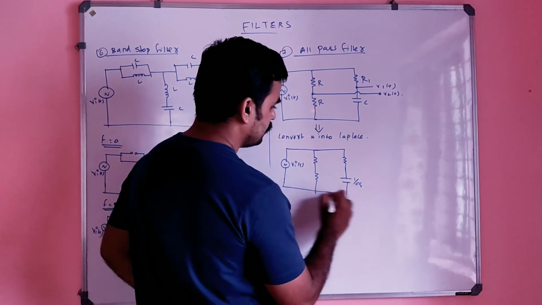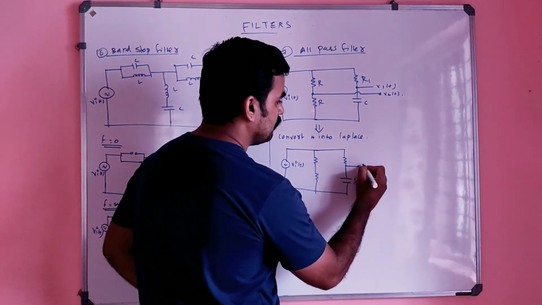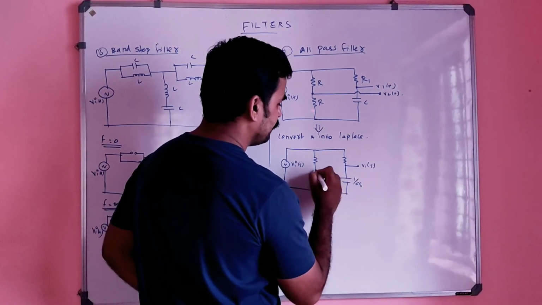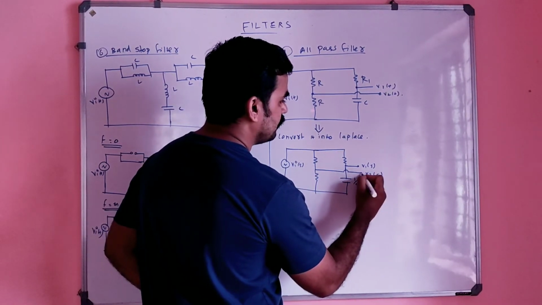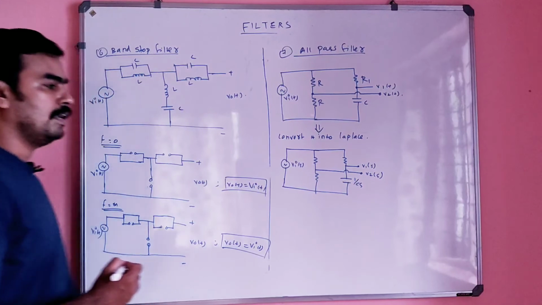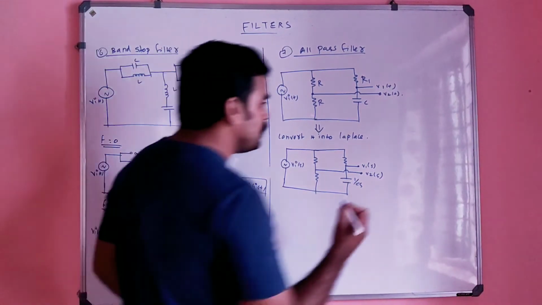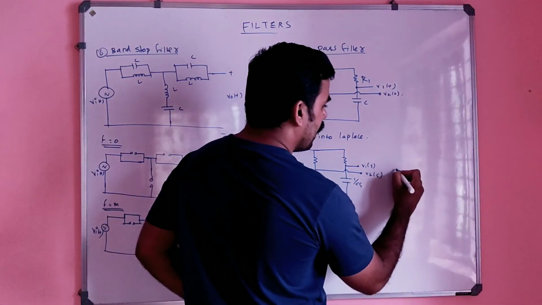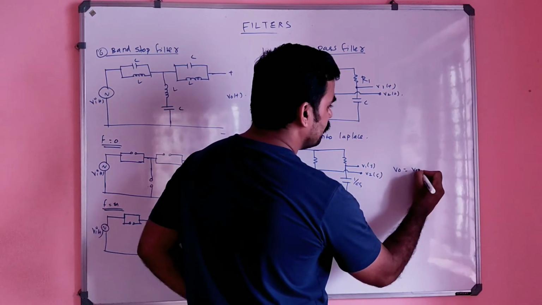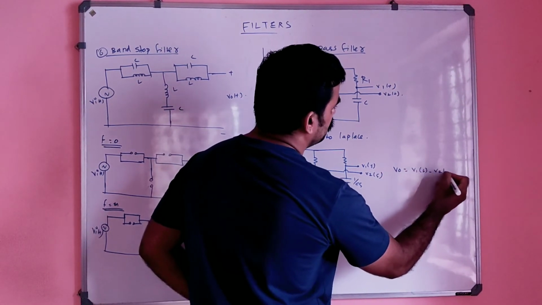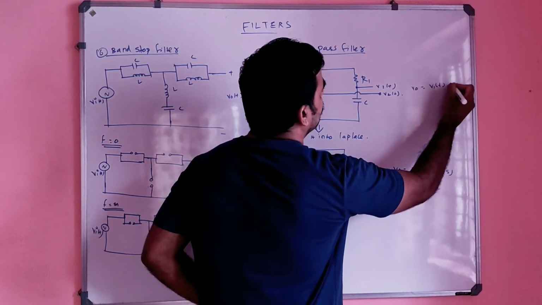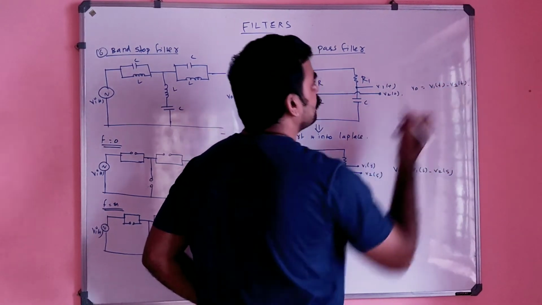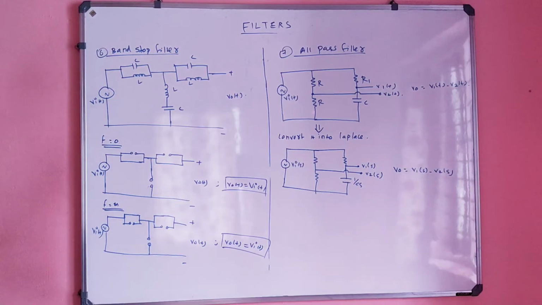And this will be V1 of s and V2 of s. Output is nothing but V1 of s minus V2 of s. Here also output is nothing but V1 of t minus V2 of t.